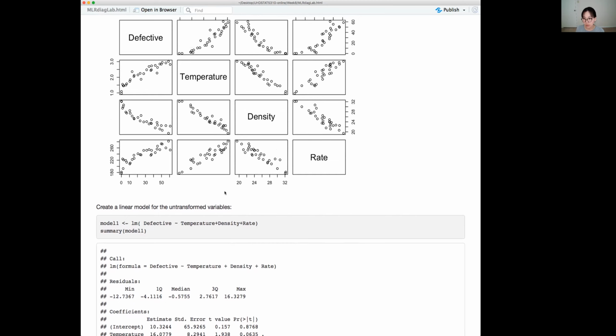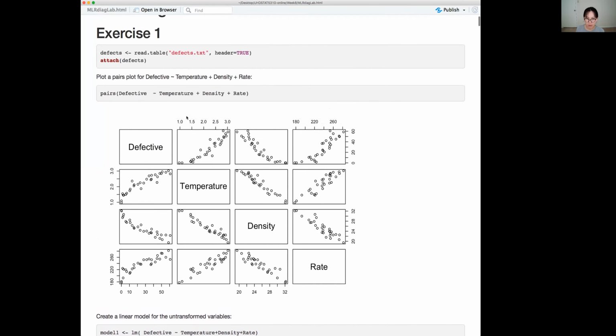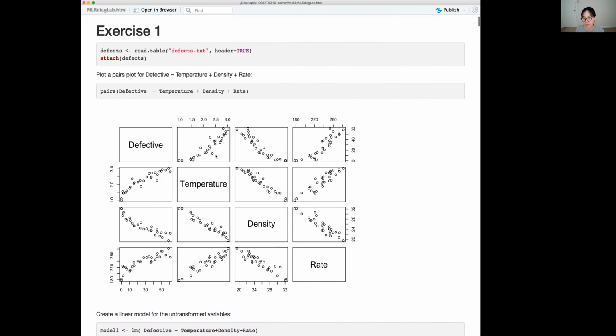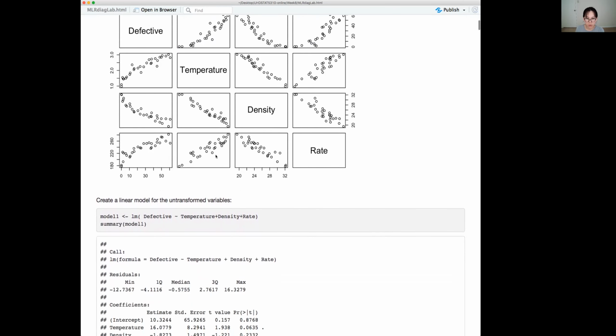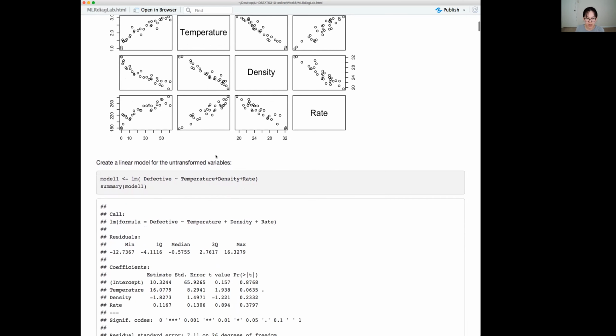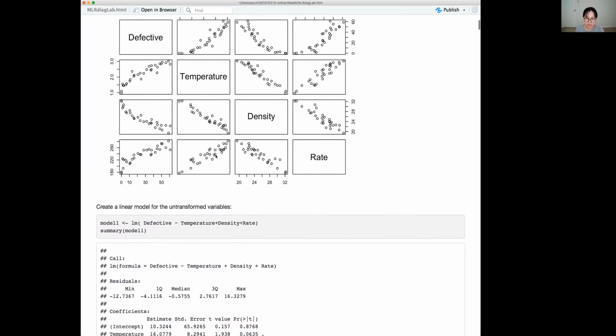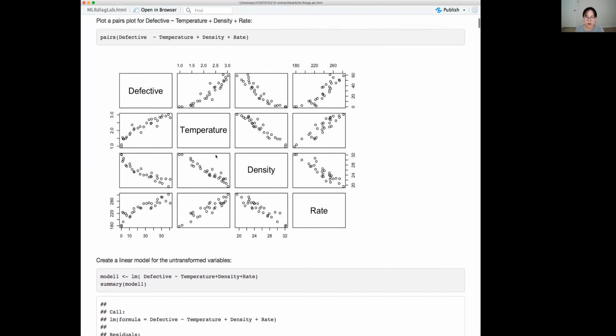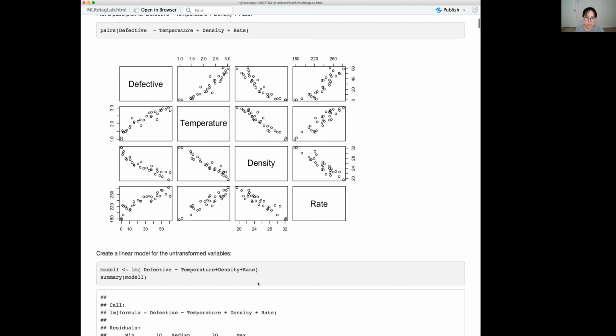I still use the same exercise for the transformation. We will talk about transformation after we talk about the theory. But for now, let's just focus on building a multiple regression model and also doing an added variable plot.